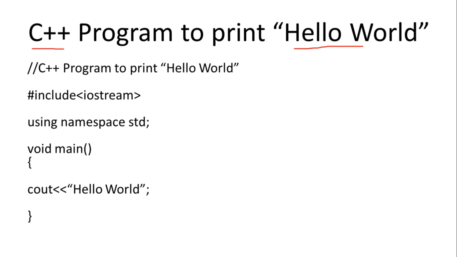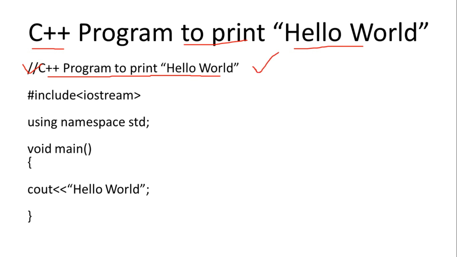So the actual program using the 4 sections of the C++ program structure will be like this. First the comment. According to our aim, you can write the comment in your own language because it is optional and it is not an executable statement. So: C++ program to print hello world. The comment defines the aim of your program.